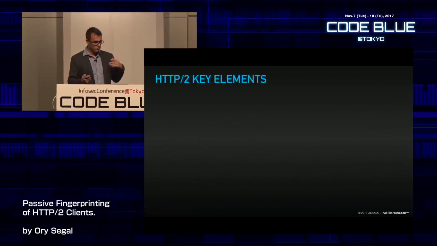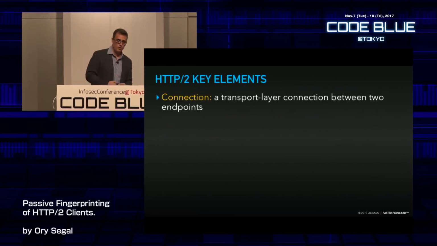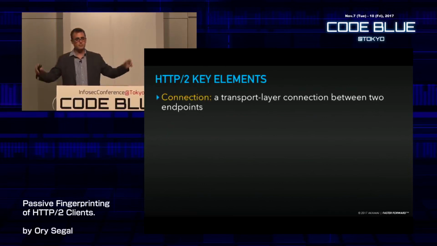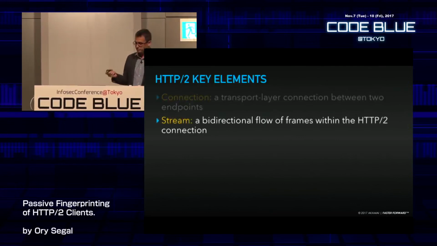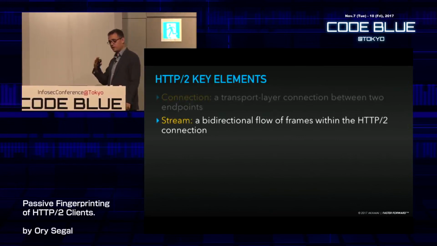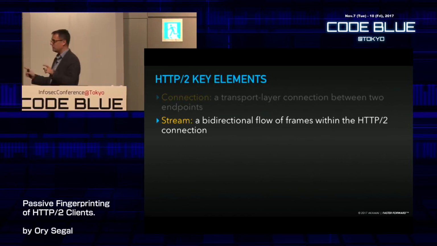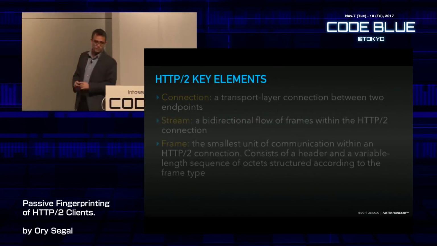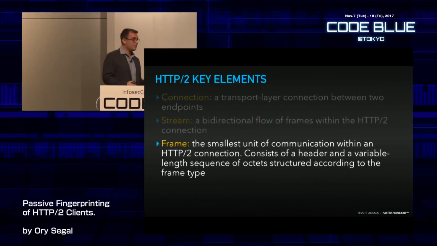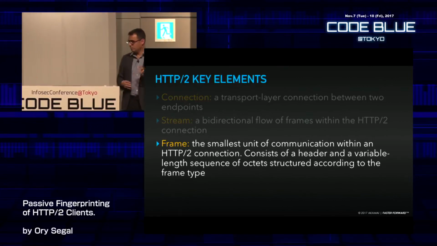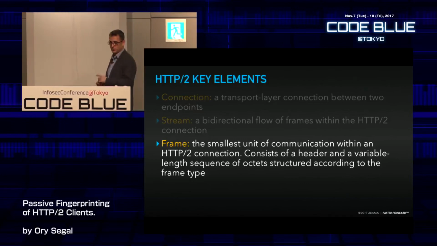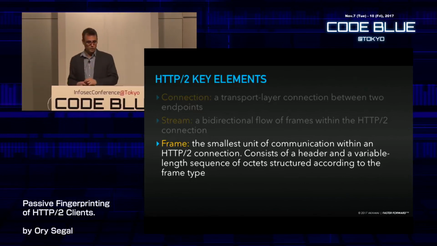Now let's talk about some of the elements that I mentioned. So a connection is that single TCP connection, the transport layer connection between the two endpoints. The stream is a bidirectional flow of frames inside an HTTP connection. A frame is actually the smallest unit that exists in HTTP 2. So there are different types of frames. We'll look at that in a second. We actually use that in the fingerprinting.